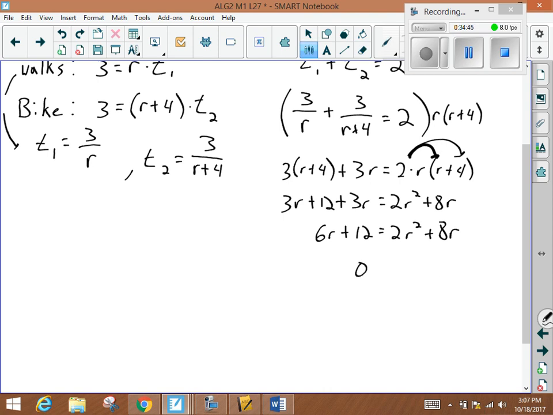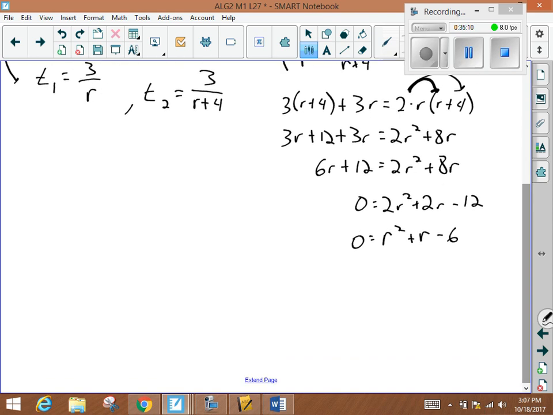So when I set this equal to 0, now I'll have 2R squared, and I'll be subtracting 6R from both sides, which will give me 2R here, and then minus 12. So that's better. So I'll divide everything by 2, and I wind up with R squared plus R minus 6.